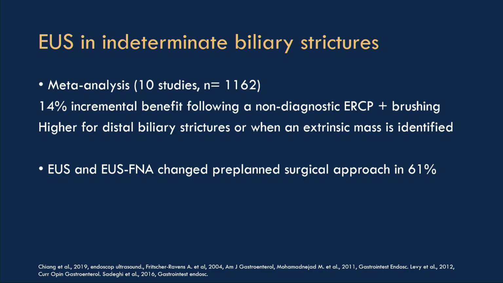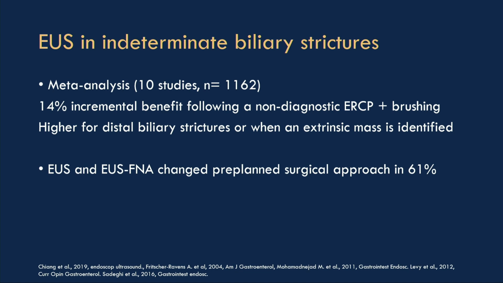So next, we looked at echoendoscopy in biliary strictures. There is a recent meta-analysis showing that it can be really beneficial to perform an echoendoscopy after a non-diagnostic ERCP with brushing. Of course, it's higher for distal biliary strictures or when there is a mass identified, but it can also be very useful in proximal strictures.